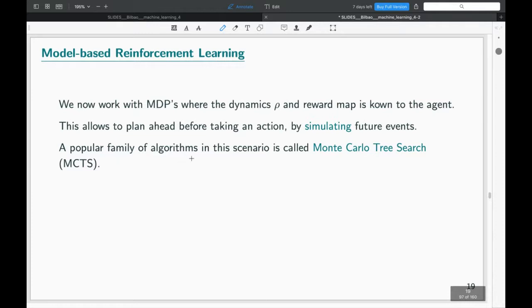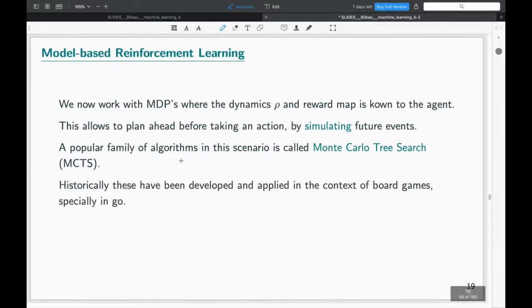A popular family of algorithms that does this is called Monte Carlo tree search. Historically, this has been developed for playing games, especially Go. Go used to be a big open problem in artificial intelligence, which was solved 3 years ago, unlike chess, which was solved decades ago with the Deep Blue and Garry Kasparov matches.